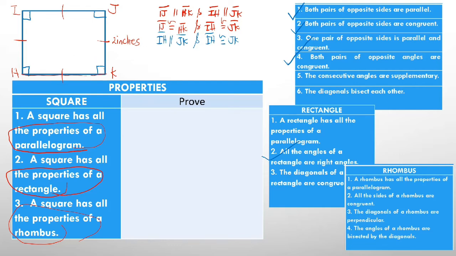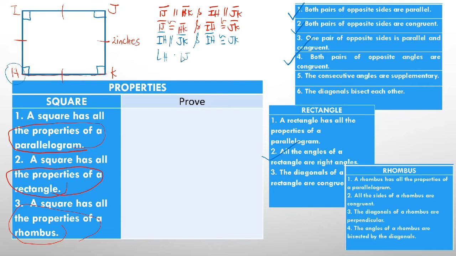Now, let's proceed with the fourth property of a parallelogram, that both pairs of opposite angles are congruent. Angle H and its opposite angle, angle J, are congruent because they have the same measurement, which is 90 degrees.